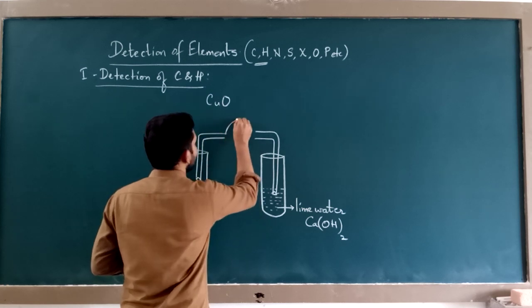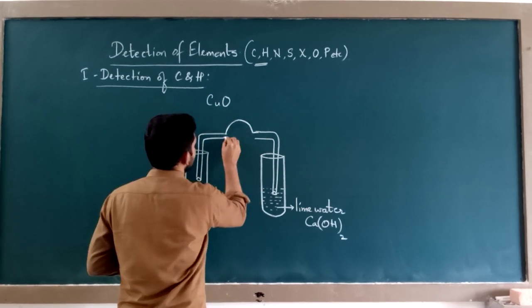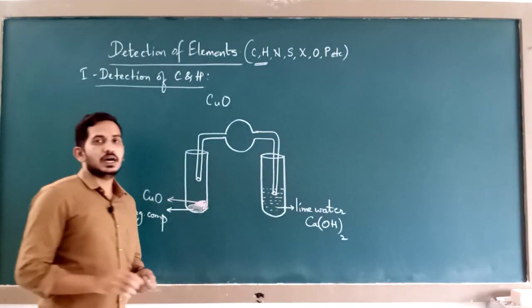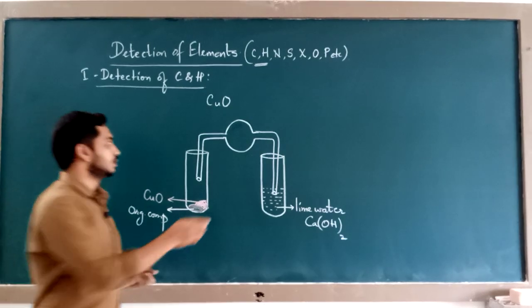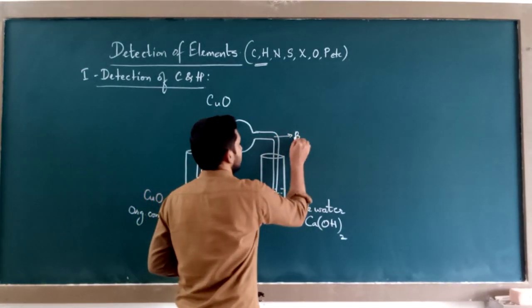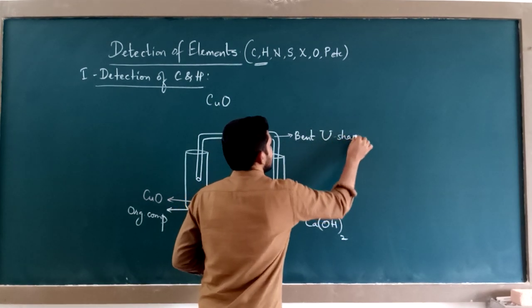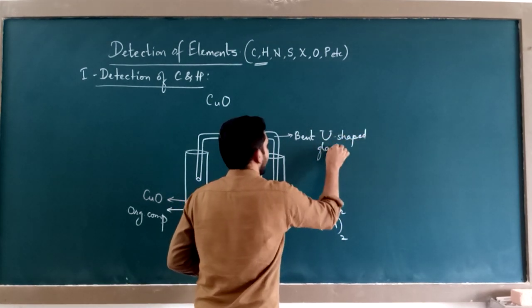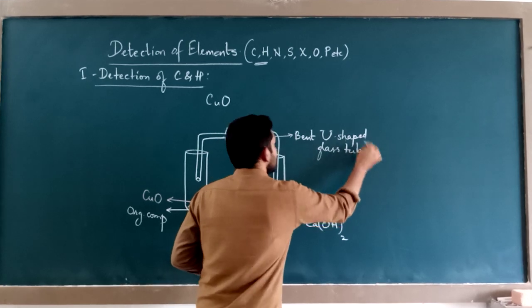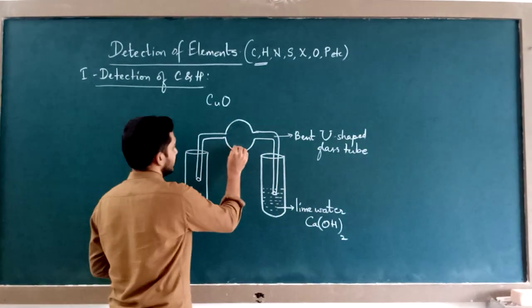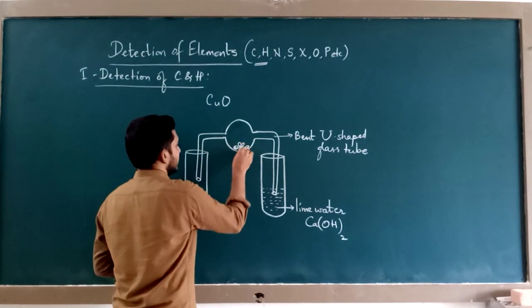Bulb means a globular shape at the center of the glass tube. So you should have a bent U-shaped glass tube.